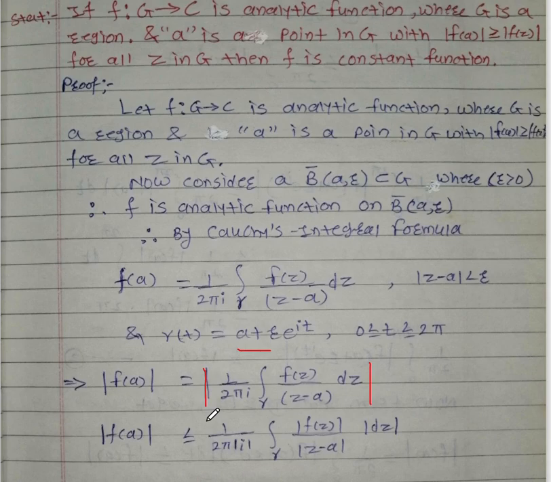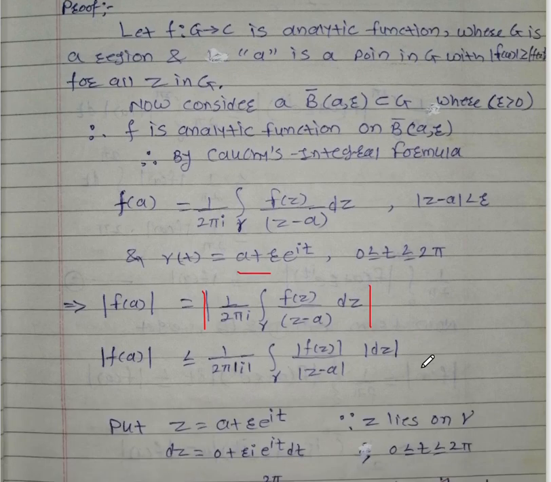In this way we can write this term in modulus form. By using the modulus property, mod f of a is less than or equal to 1 upon mod 2 pi i, that is 2 pi, integral over gamma of mod f of z upon mod z minus a, mod dz.